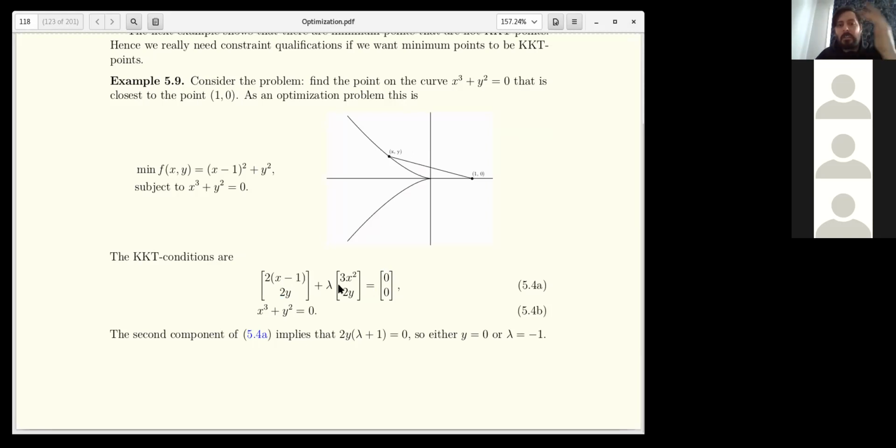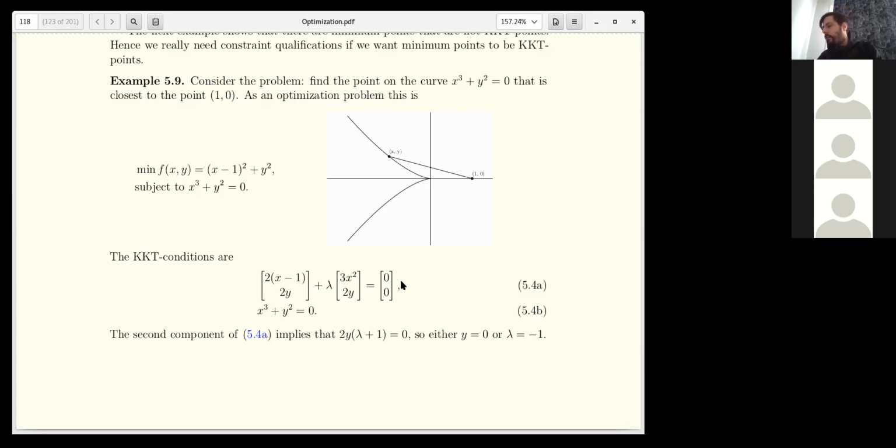So it may not satisfy the KKT conditions at all. Like in this case, example 5.9, it doesn't satisfy the KKT conditions at the origin, yet the origin is clearly the optimum point. And it's because the gradient of the equality constraint is 0. So you also have to check the points where the gradient of the equality constraint is 0.